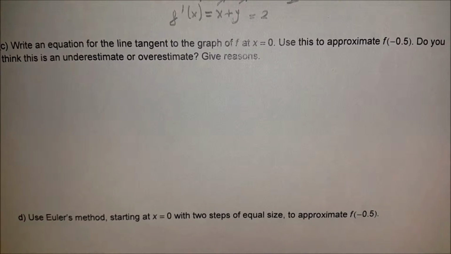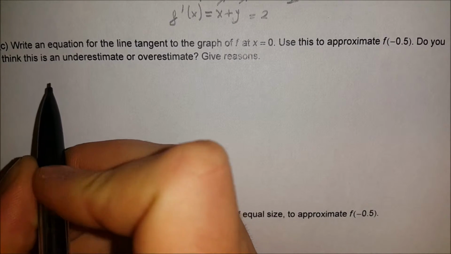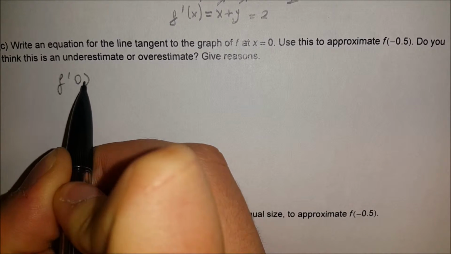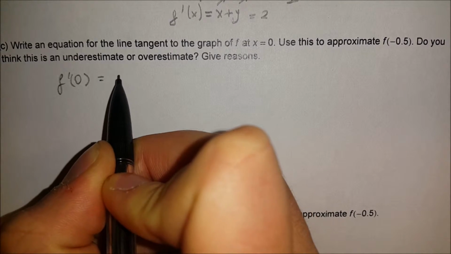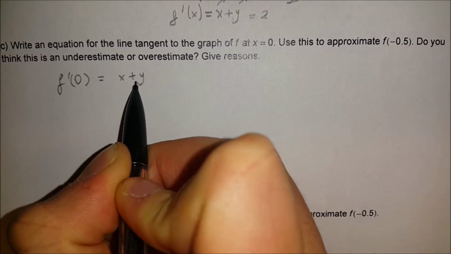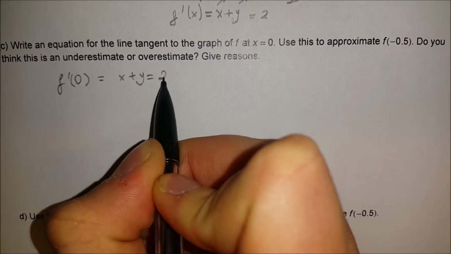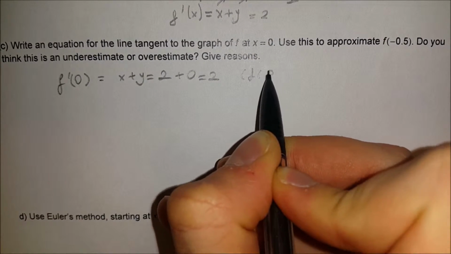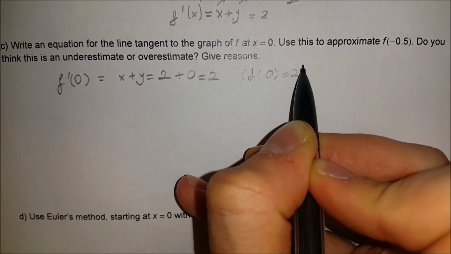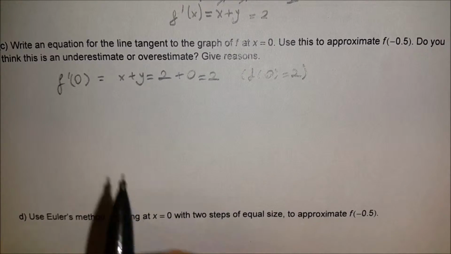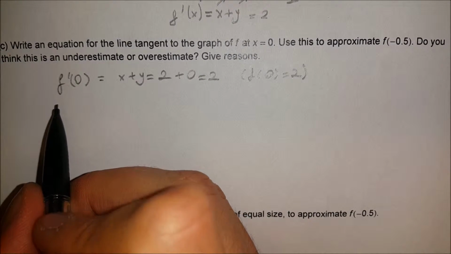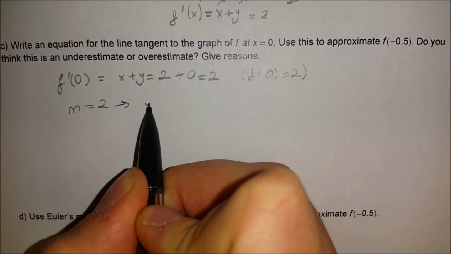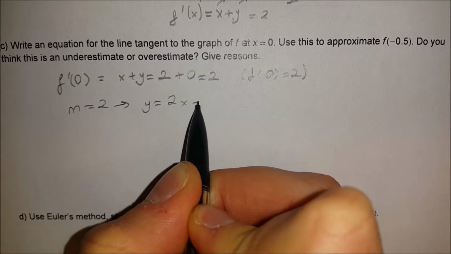In the third question, we are asked to write an equation for the line tangent to the graph of f at x equals 0. So now, we're going to use the first derivative, which is equal to, again, x plus y, which in this case is equal to 2. Since that was our initial condition that was given in the question, our slope is 2.